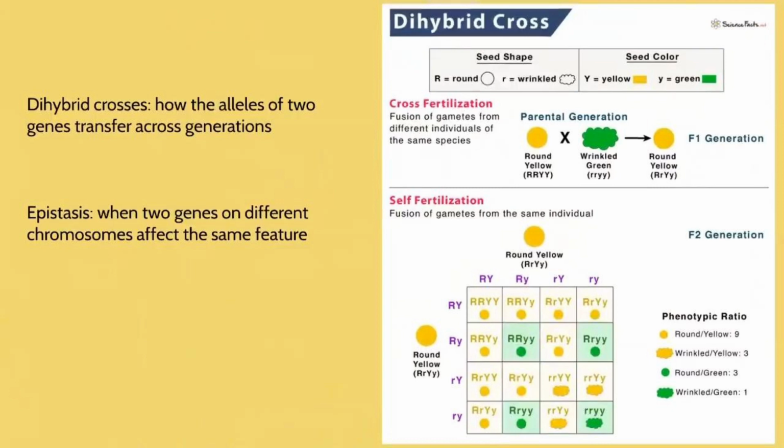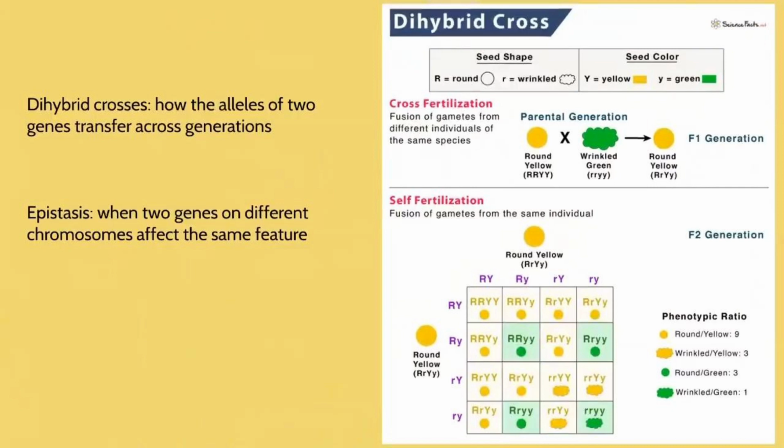And then you can see that there can also be a combination. So we have one that is actually green and wrinkled because it has received 2 recessive alleles of both of the features. So it's got 2 recessive alleles for the seed shape and 2 recessive alleles for the seed colour.